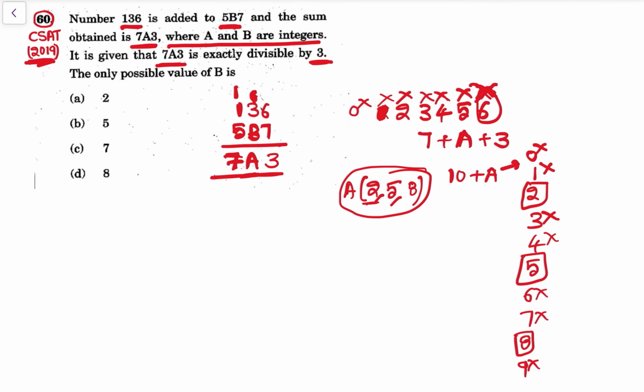So 6 भी नहीं हो सकता. Then 7, see अगर b7 है that would be 1 10 11. So 11 बट वो नहीं हो सकता.